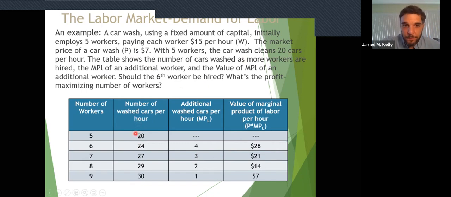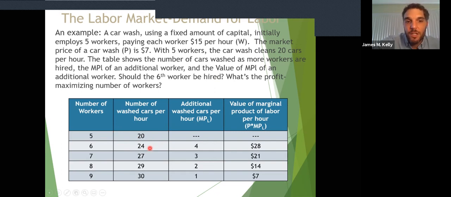Additionally, as more workers are hired, as we go from 5 to 6 to 7, we see increases in the number of cars washed per hour. From this, we can find the marginal product of labor for each additional worker. We take the number of cars washed when we have 6 workers and subtract the number washed when we only have 5 workers.